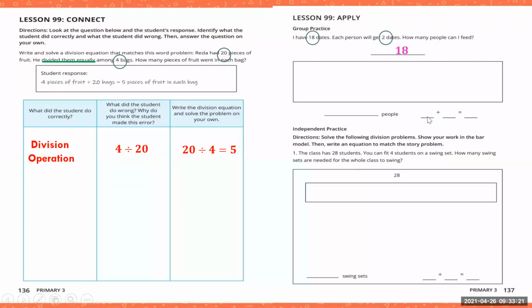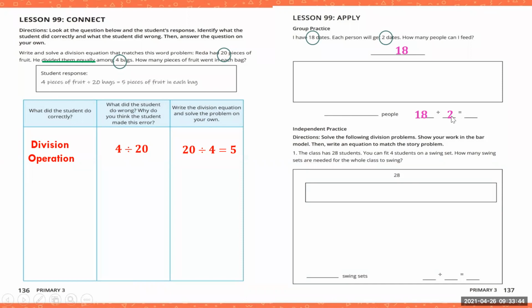Which number should I put first? Can I write 2 divided by 18? Is it correct? Yes, I must put the big number first.